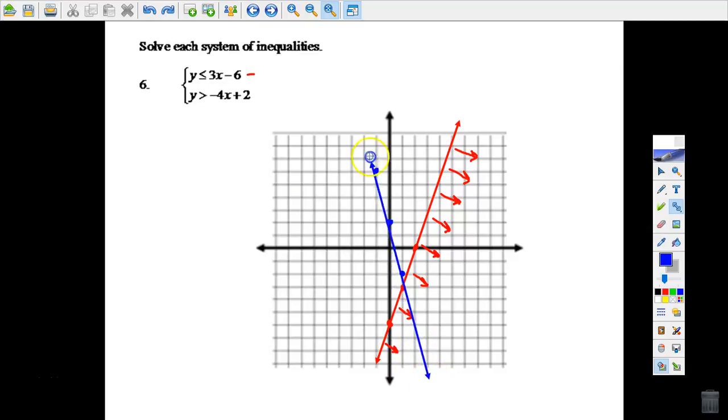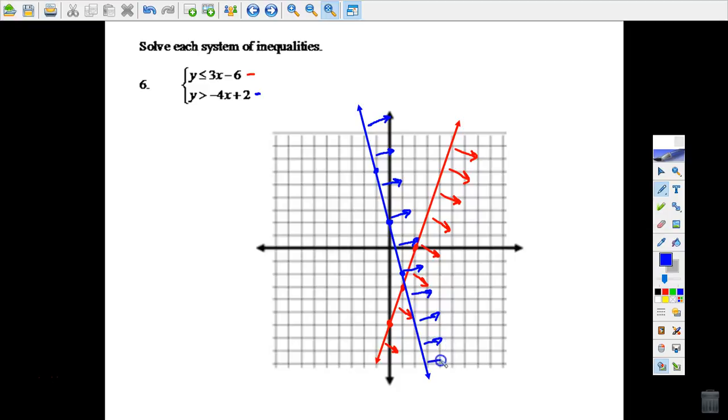Let's try this. Yeah, that's better. And the shading for the blue, this blue line, is greater than, which means above. So for this line that has a slope like this, the greater than side is the upper side, the above side.